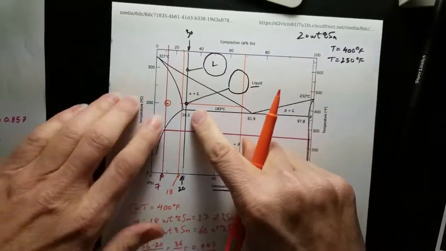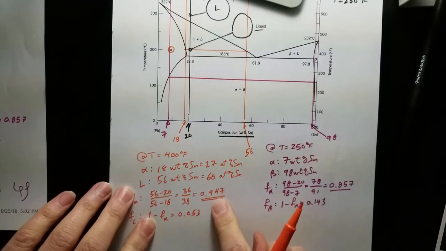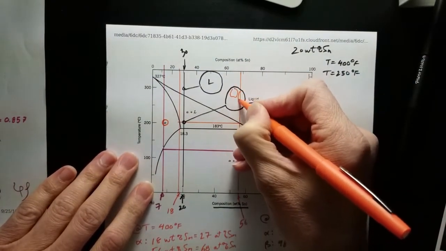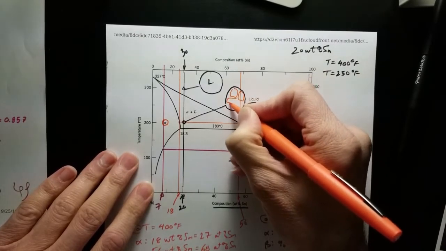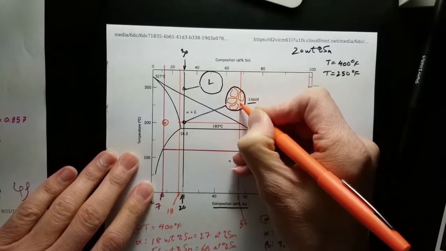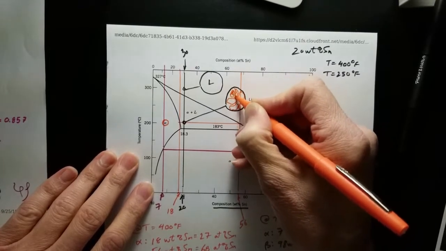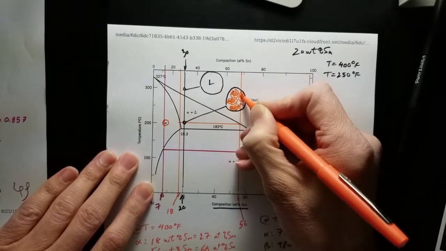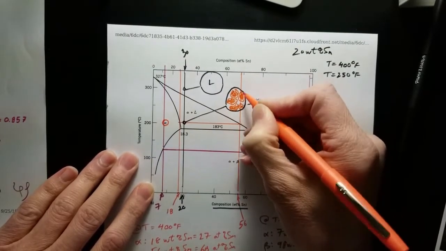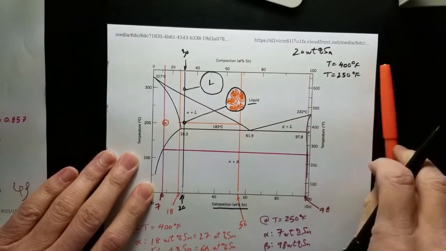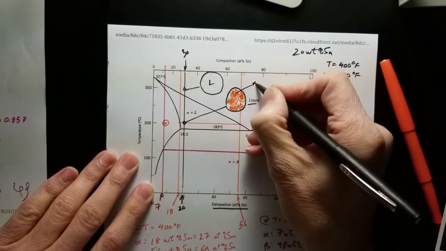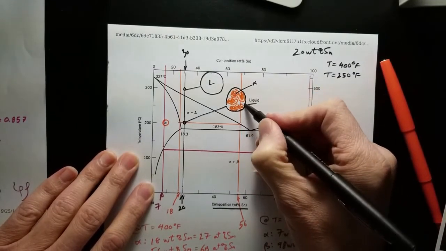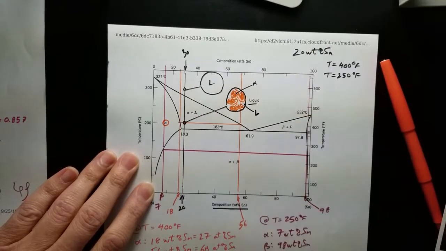So I'm going to wind up with that, and it looks like I've got about 95% alpha. So I'm going to draw these, which are going to be our alpha, and then the white parts in between them are liquid.